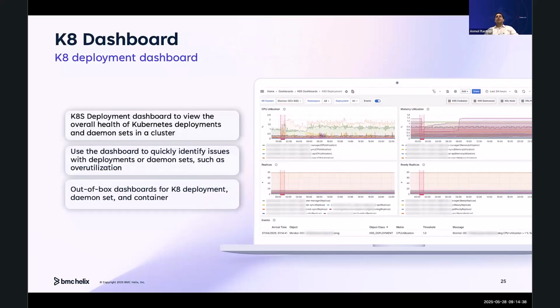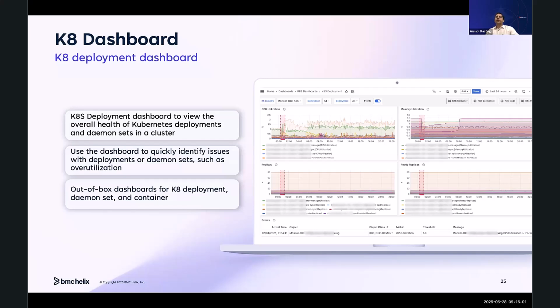From the Kubernetes dashboard side, as I mentioned, the dashboards are available out of the box. So you can actually see, by selecting the Kubernetes cluster, what the memory utilization trend is, what the CPU utilization trend is, based on the last 24 hours of data. And then you can get more in-depth detail from the dashboard.